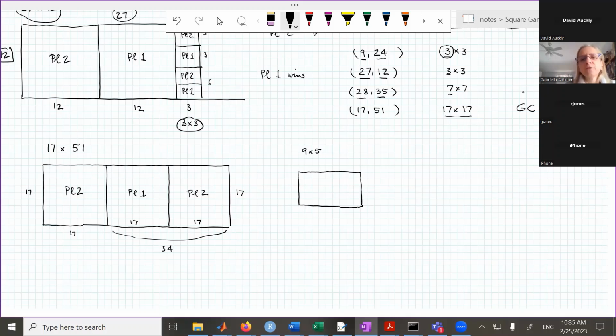What will player 2 do? Five by 5, right? So now 4 is left here. And the other dimension is 5.